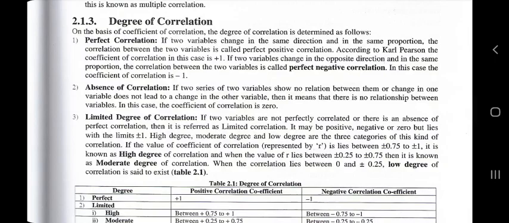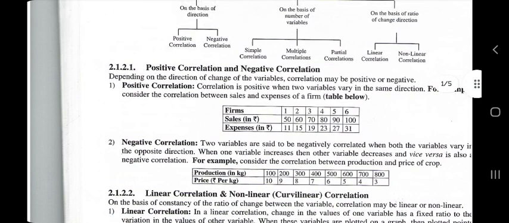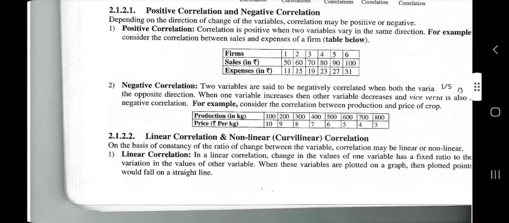And we can see the example. If you see here in the positive correlation, if you calculate the coefficient of correlation, you will get +1, and in the same way it is increasing. In the negative correlation, production is increasing and price is decreasing at a constant rate. So if you calculate the coefficient of correlation, you will get -1.